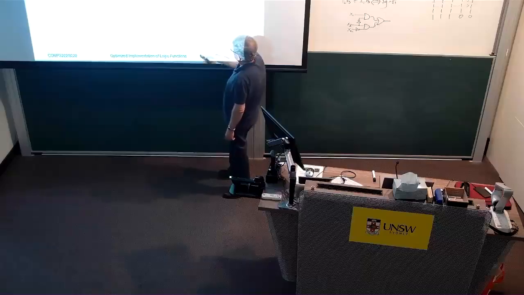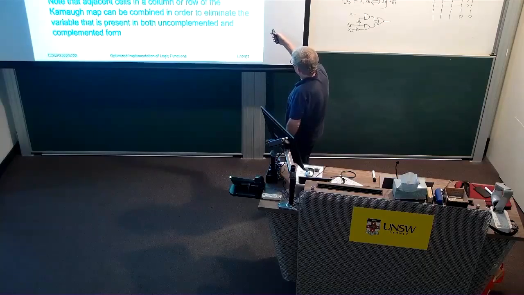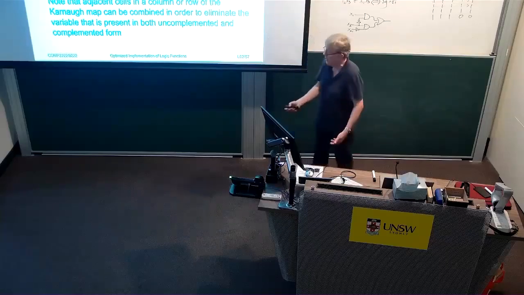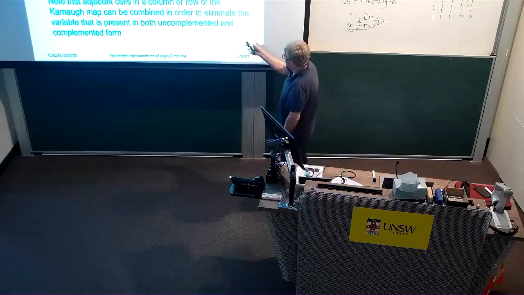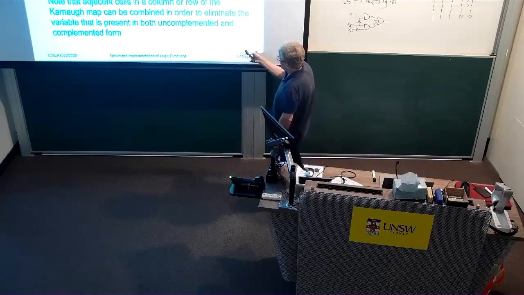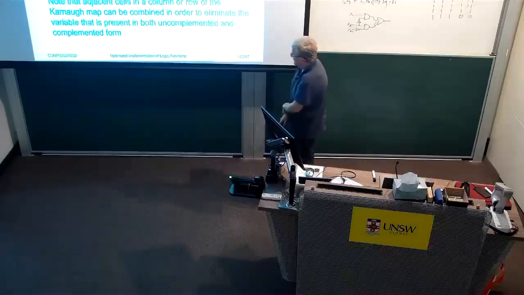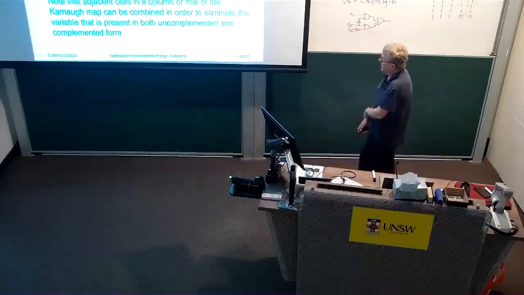So two ones that are on top of each other correspond to the minterms not x1, not x2, and not x1, x2. And so not x1 is common to both, and x2 could be eliminated using the uniting theorem. And so that corresponds to the fact that in this column, x1 is 0, or x1 is inverted. But we've covered both possibilities of x2 being complemented or not complemented. And so we can eliminate that second literal from our product term.